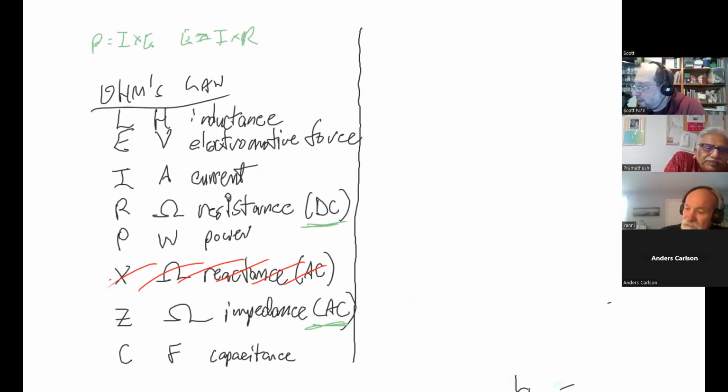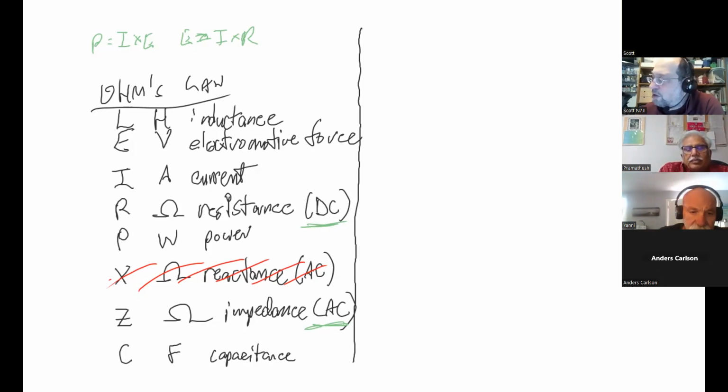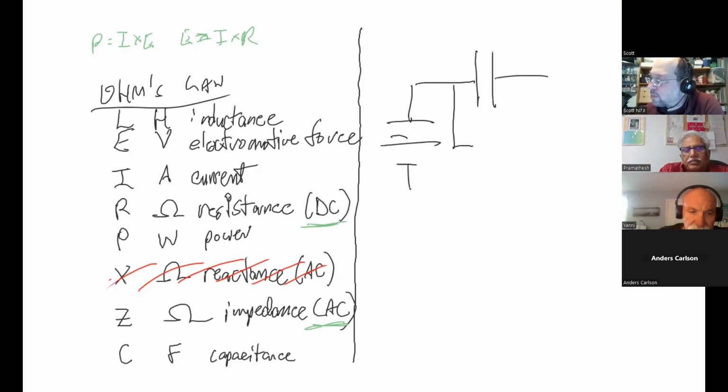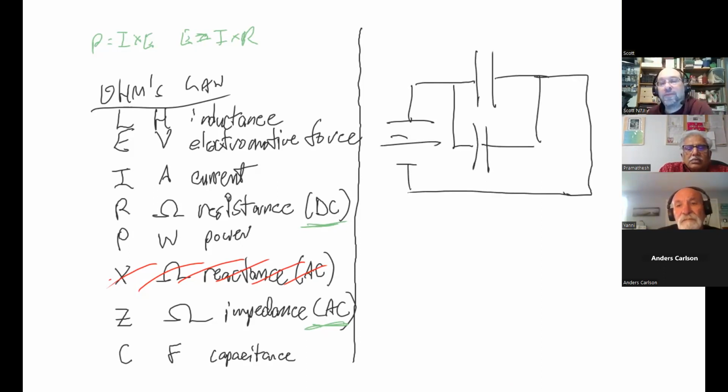Now, capacitors are a little bit weird. So what I'm going to do first is draw this pair of capacitors. Would you say these capacitors are in parallel? Everybody, what do you think? Yes, those capacitors are in parallel.